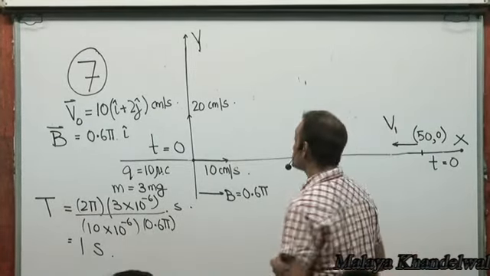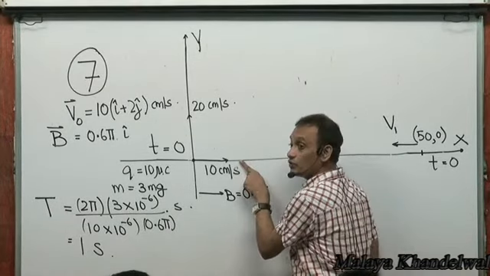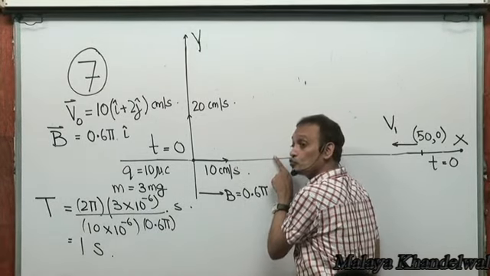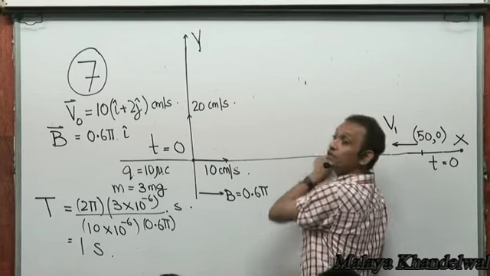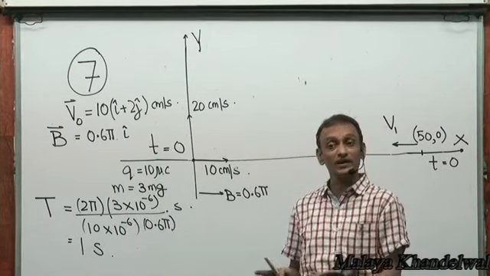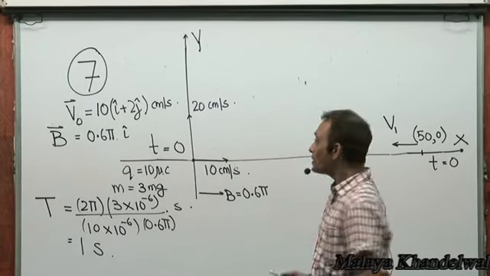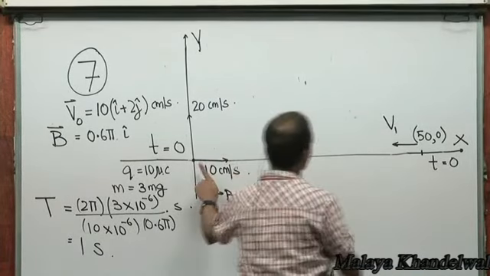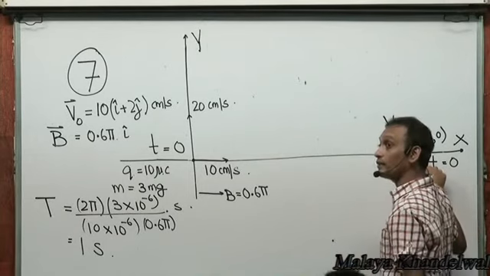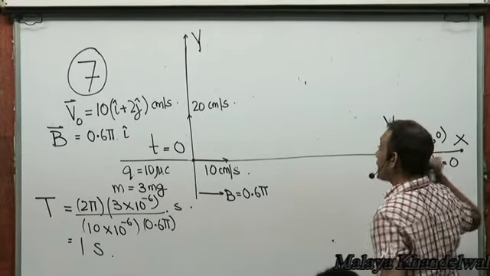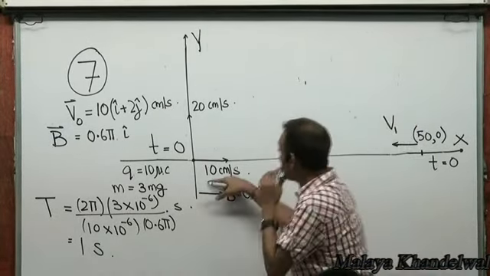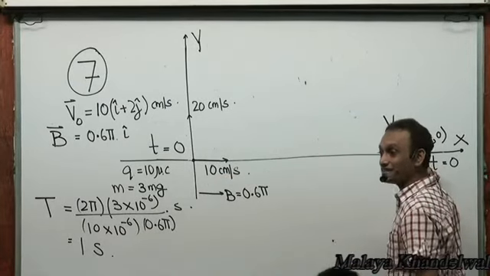Right? That means the collision could occur at t equal to 1 second, or 2 seconds, or 3 seconds, 4 seconds, and so on and so forth. These are the various instants when the collision could take place. Yes or no? Right? So, of course, not t equal to 5 seconds. Because in a time t equal to 5 seconds, this would have reached this point. But the collision doesn't occur here.